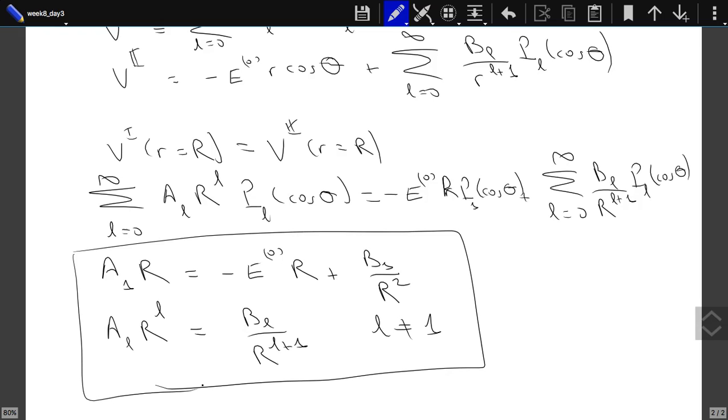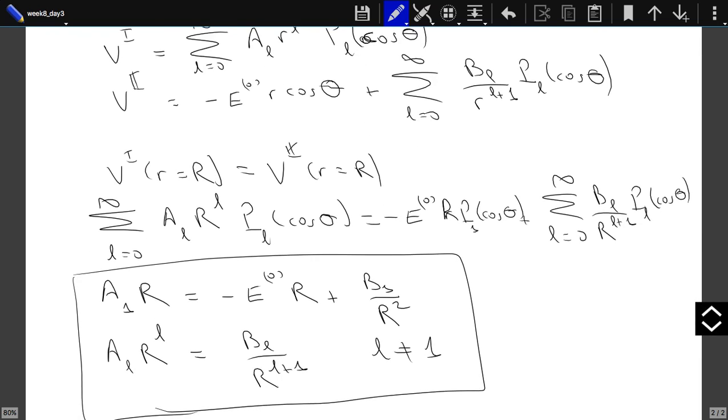Isn't P1 already cosine theta? Right. True. It's not constant. It doesn't disappear. You say this is P1, but what I am saying is the coefficient of P1 here should be equal to the coefficient of P1 here. The coefficient of P2 here should be equal to the coefficient of P2 here.